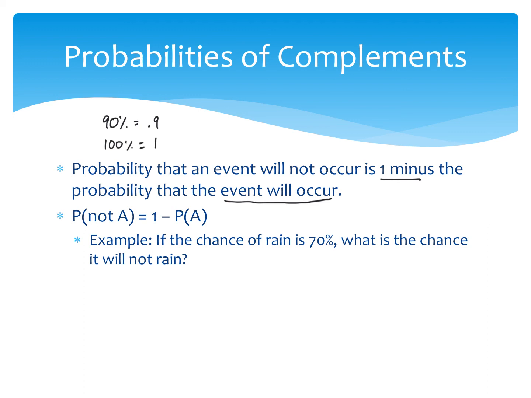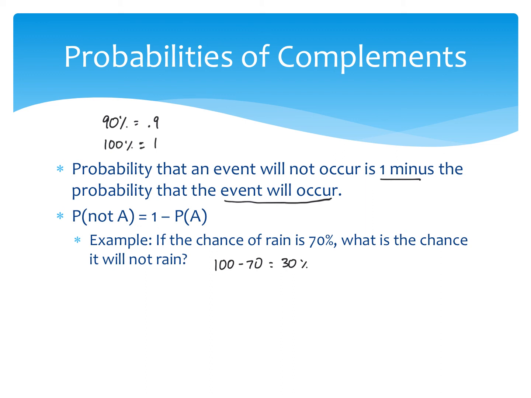So as an example, if the chance of rain is 70%, what is the chance that it will not rain? Okay, so we can even do percentages. So if there's a 100% chance of it raining, minus the chance of it raining, then you're going to get a 30% chance that it won't rain. Okay.